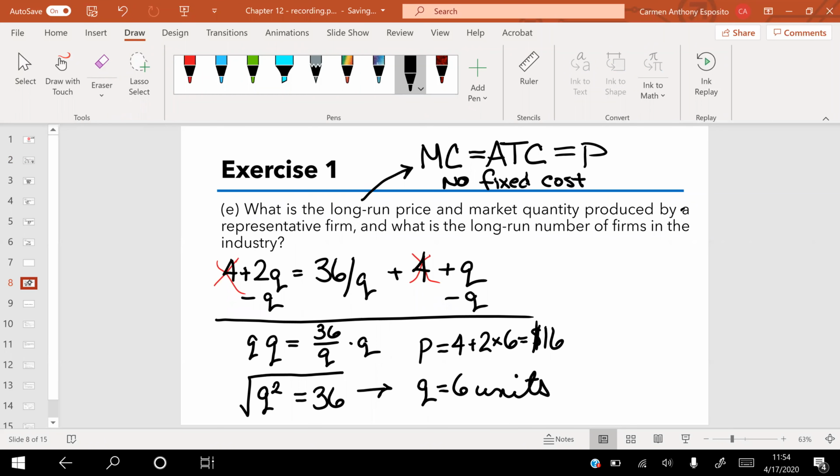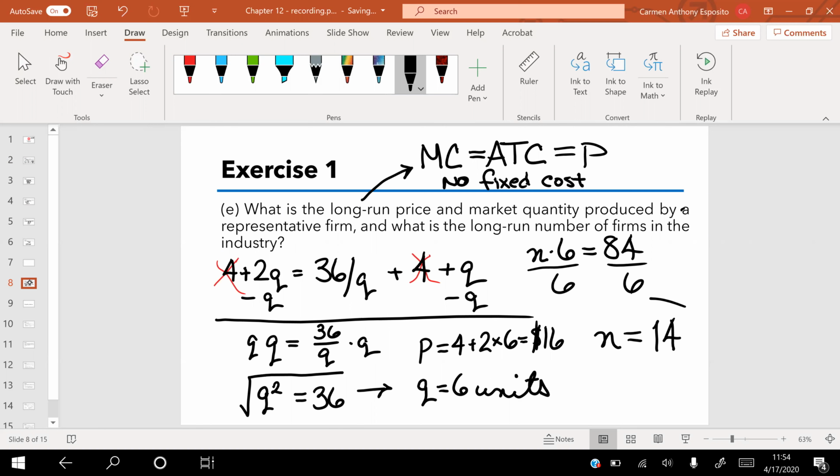So to meet market demand, how many firms do we need? Well, there are N firms. They each produce 6 units. 84 units are demanded. Divide both sides by 6. And what is N? Yes, 14.